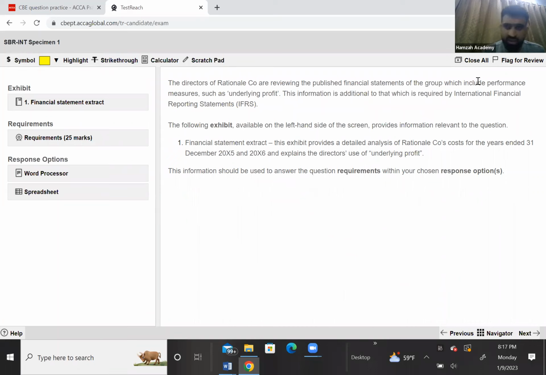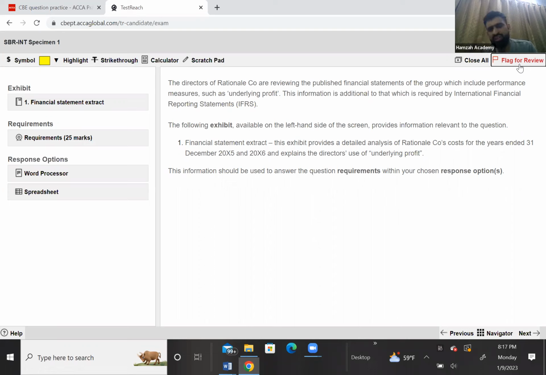And let me tell you one thing. I don't know to what extent it is true, but there are rumors that if you have clicked the flag for review, that you have attempted the question and you are attempting the other question, and you want to flag the specific question, and if you don't unflag at the end, the examiner would not check the question which you have flagged.